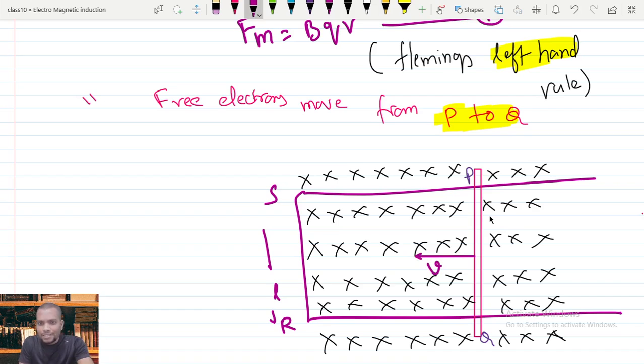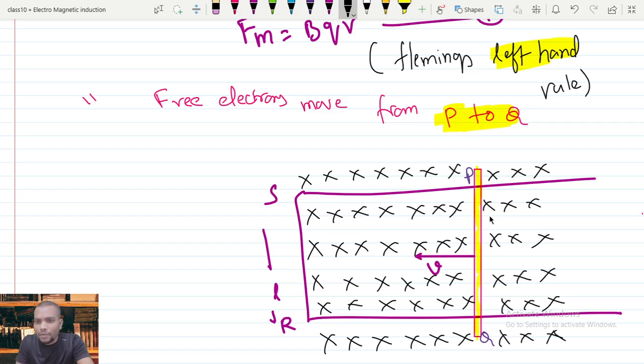Since it's moving along this direction, the electrons which are present within the conductor of the PQ also move. Since electrons are moving, it contributes current.